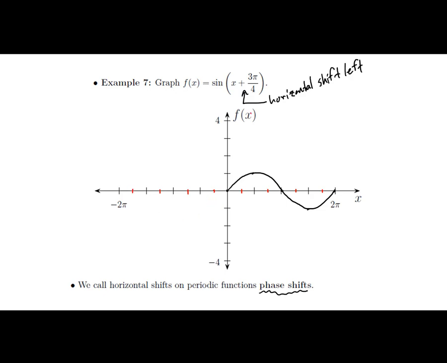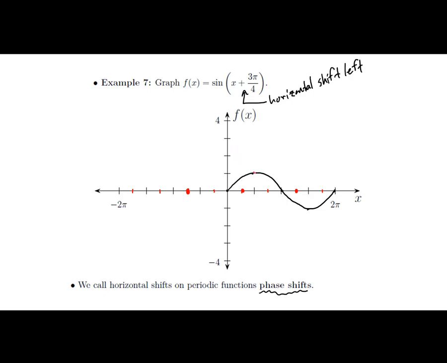All right, so if I am shifting to the left 3 pi over 4, then this starting point here should be right here instead, right at 3 pi over 4. Okay, and then this ending point should be back 3 pi over 4 as well, so back 1, 2, 3 pi over 4. And then this 0 right here should be back 1, 2, 3 pi over 4.